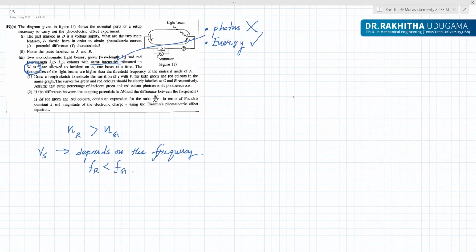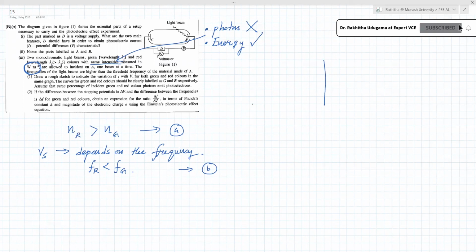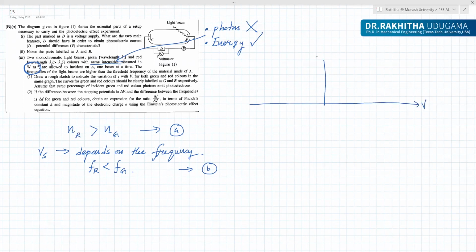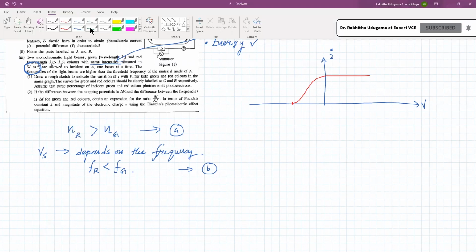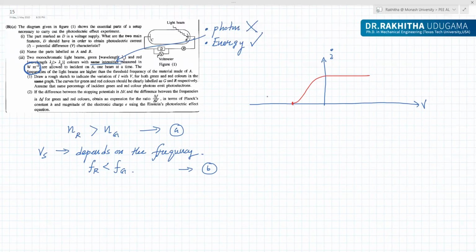So if I replot this, considering condition A and condition B, this is my V-I characteristic curve. V is on this axis, this is going to be I. If the red one looks like this, my green one should be like this.